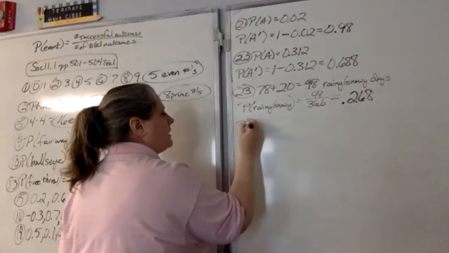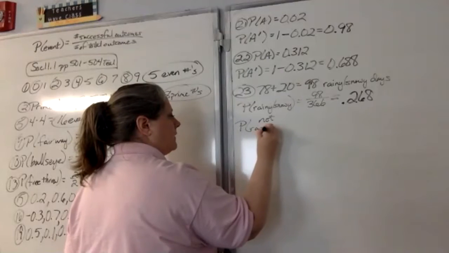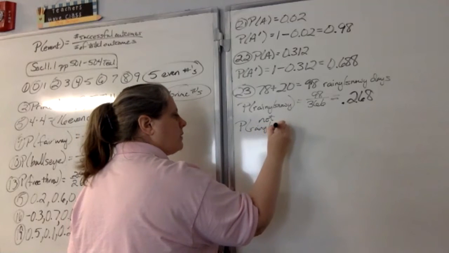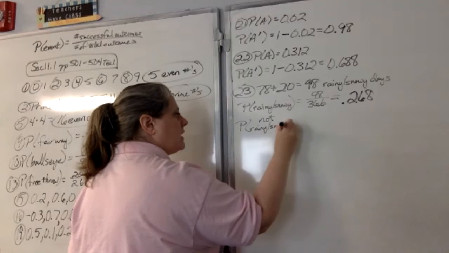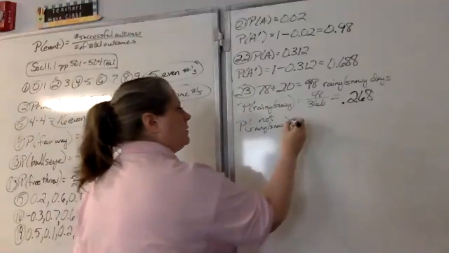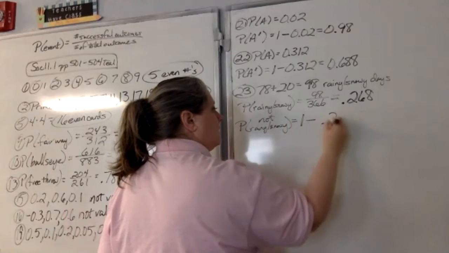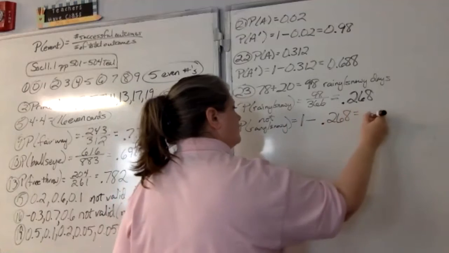So the probability that it's not rainy or snowy, because that would be your complement, the opposite, would be found by 1 minus 0.268.